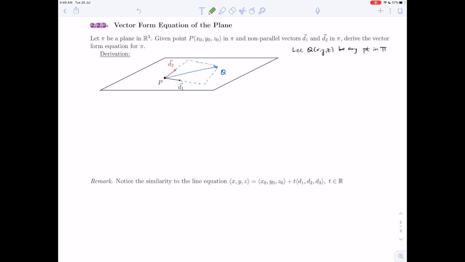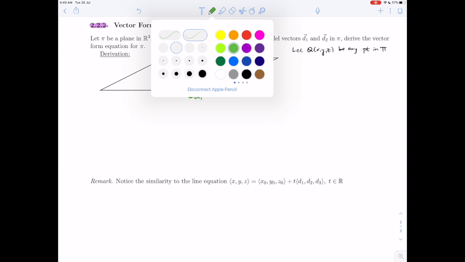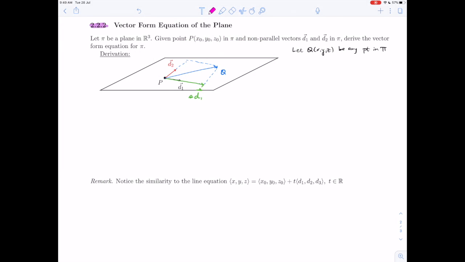So for example, this vector down along here, that's a scaled version of d1. So it's s times d1, for some multiple s, and then we have here some multiple of d2, right? This is t times d2.